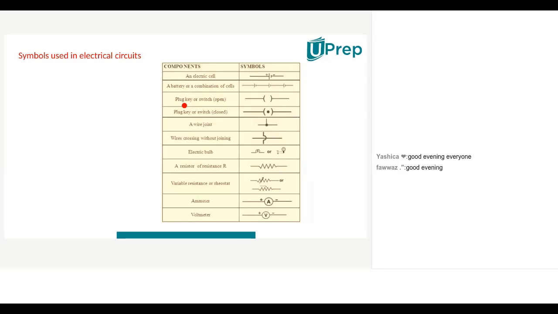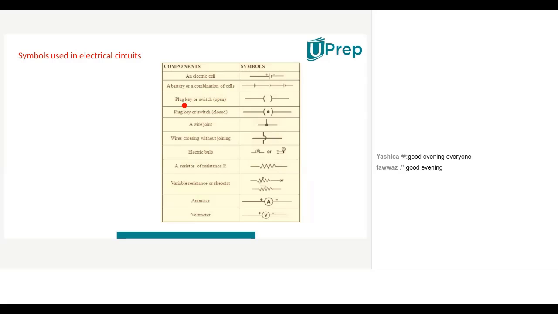When there is no dot, it means it is switched off and the current will not flow. If there is a dot, it means current is flowing because the circuit is connected, which means the key is closed.